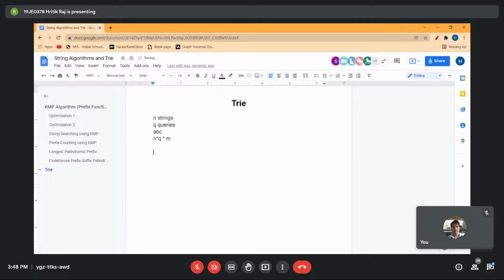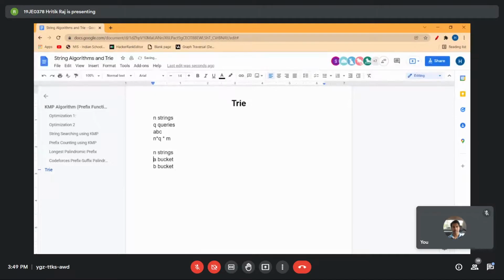Suppose all the n strings are divided such that an A bucket is there and a B bucket.